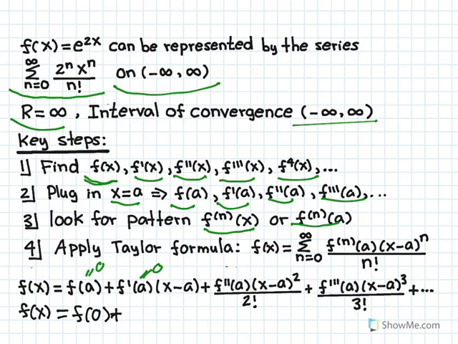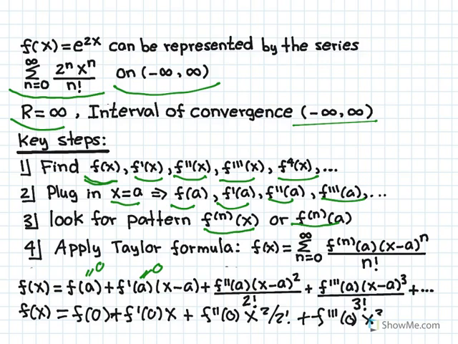So we get f of 0 plus f prime of 0 times x plus f double prime of 0 times x squared divided by 2 factorial plus f triple prime of 0 times x cubed divided by 3 factorial, and so on. And so that's the basic idea of finding the Taylor series of a function. All right, thanks.